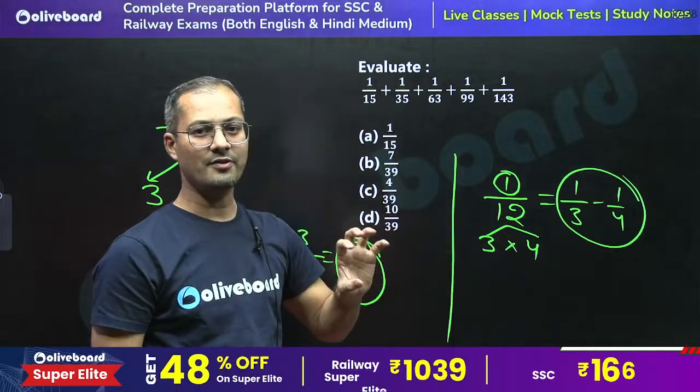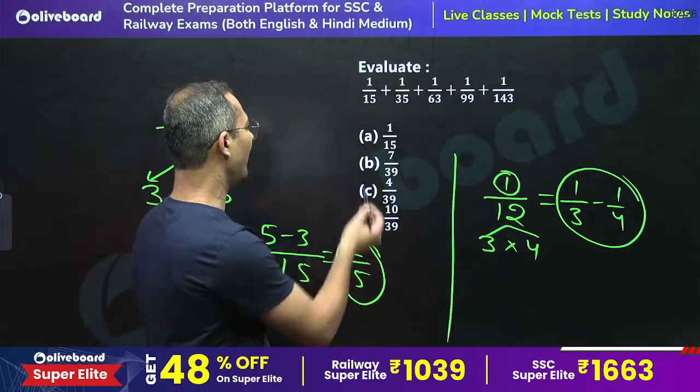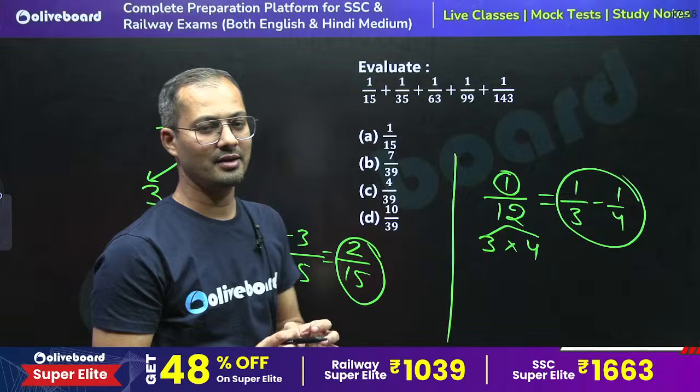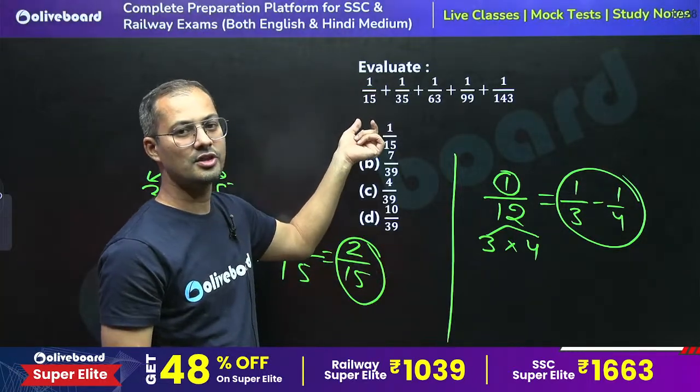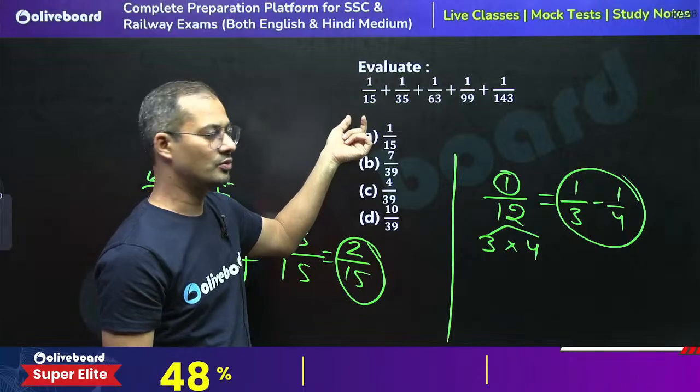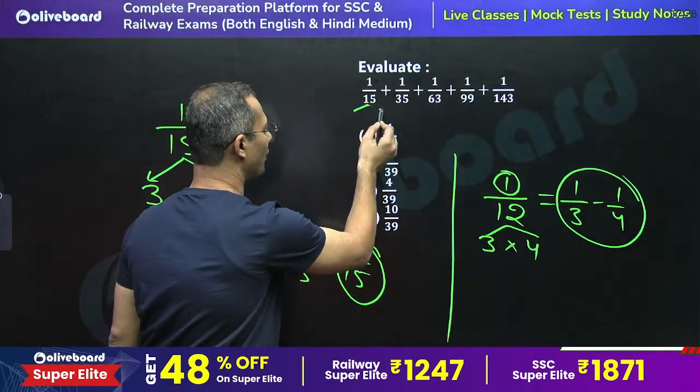What we have to make sure is that the numerator equals the difference of the factors in which we are going to split the denominator value.